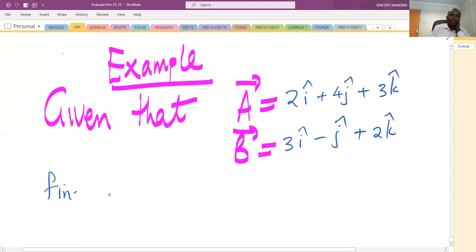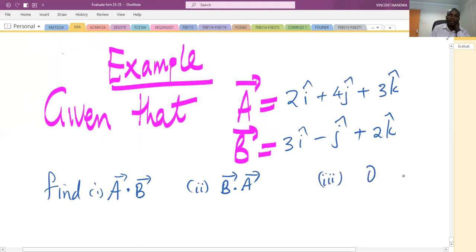Find, so there are three questions: 1, A dot B; 2, B dot A; and 3, theta, the angle between A and B.